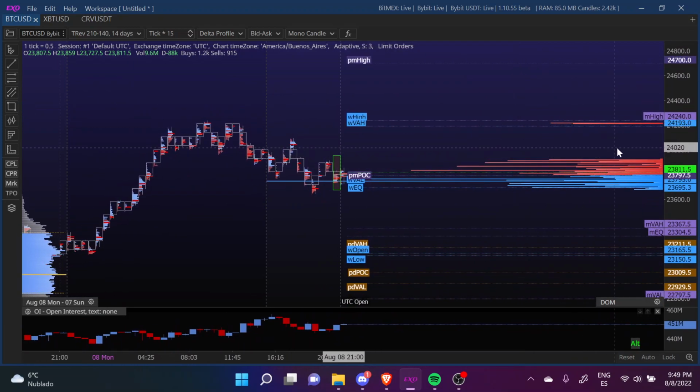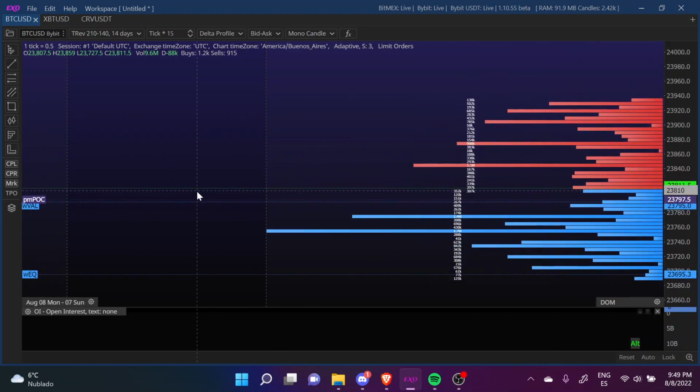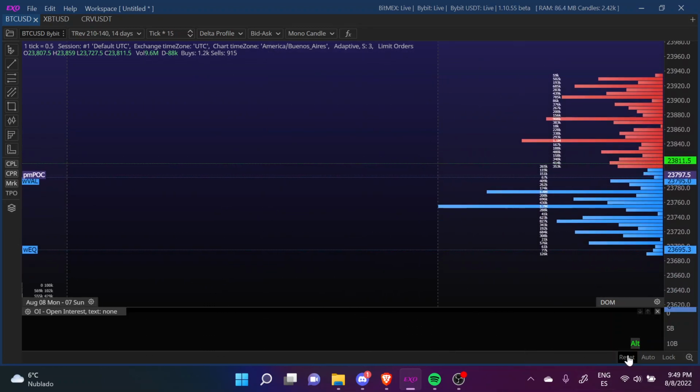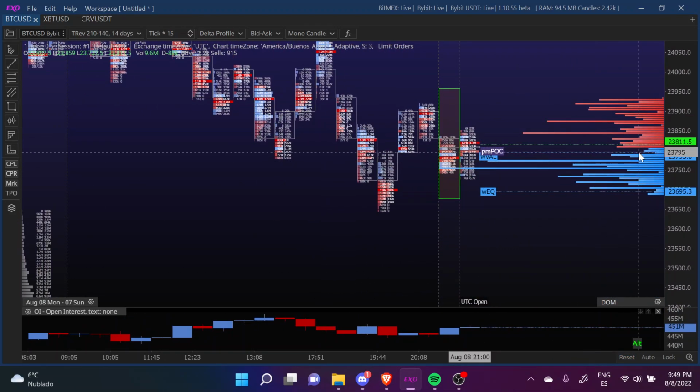So imagine this. Look, we have almost nothing in this area, almost nothing on this area. We have, of course, populated this area here with the best bid and offer, but it's thicker on the buy side.